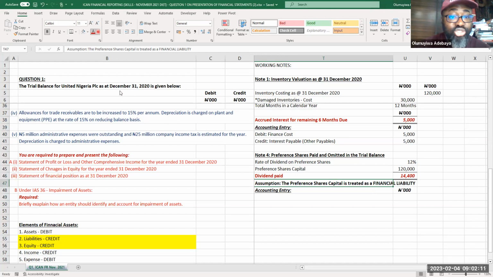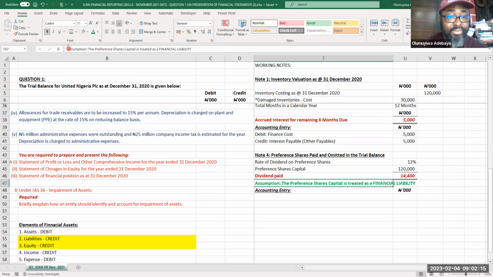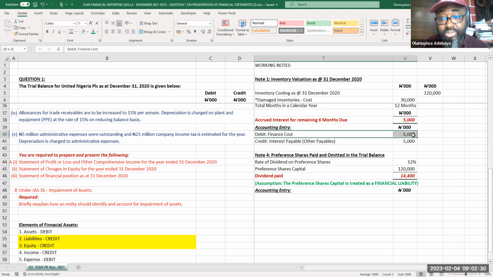And we are going to replicate the solution where we change the assumption so that we can see the implication. Okay. Now, in this case, that means that the interest will be treated as finance costs.